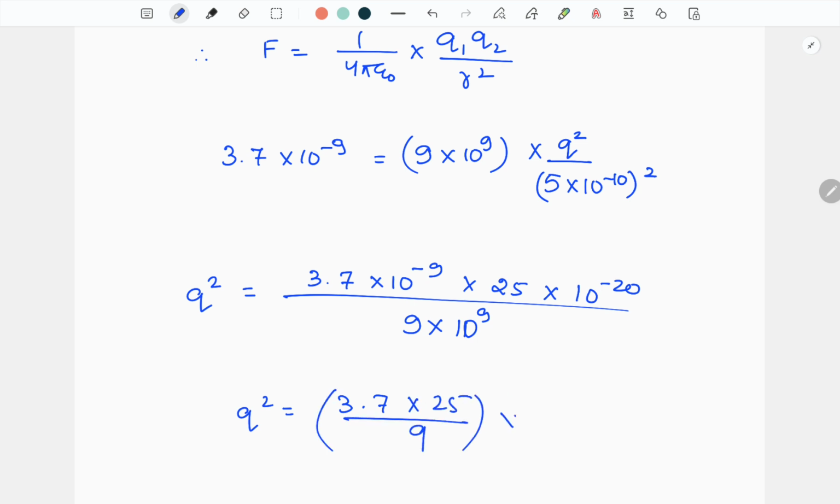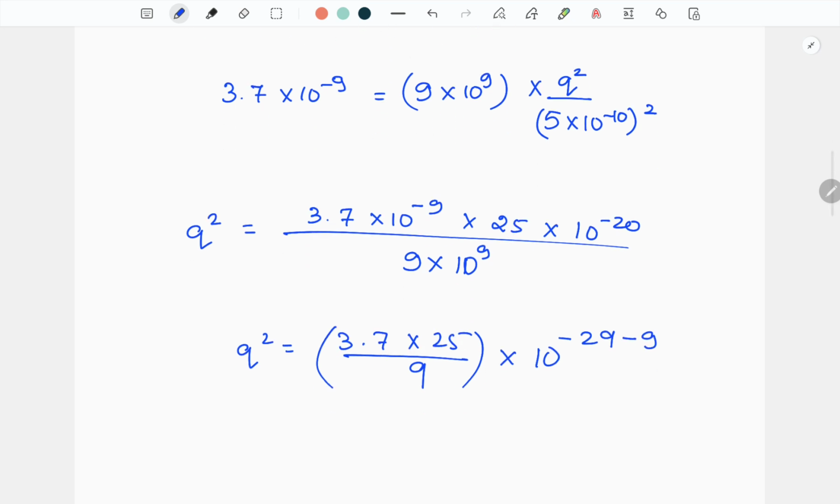Let us bring the powers of 10 to one side: -9 and -20 becomes -29, and when the 10^9 goes up, it will become -9.